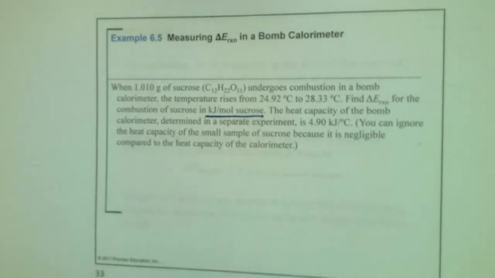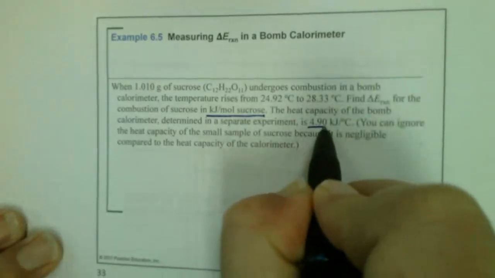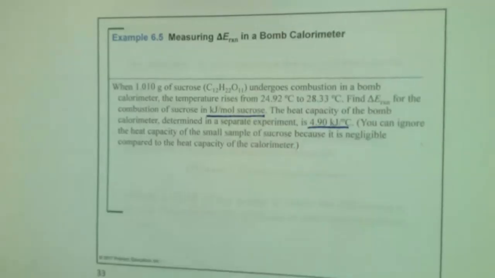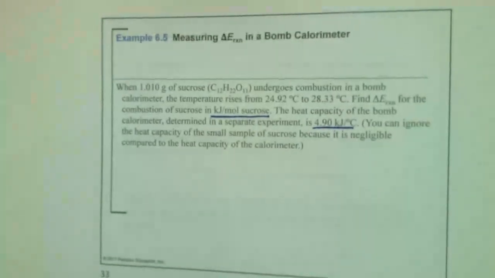The heat capacity of the bomb calorimeter, they tell us, is 4.90 kilojoules per degree Celsius. Okay, so let's see how we could calculate and do this problem. Again, I'm going to give you the formulas here. We'll look at the back cover of the book.